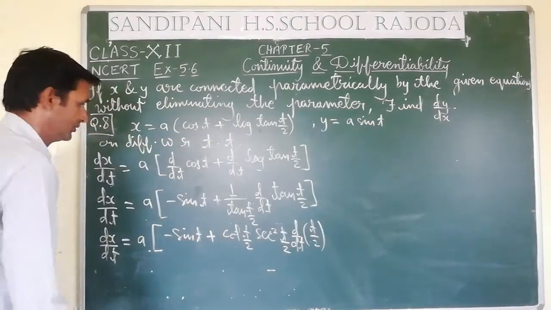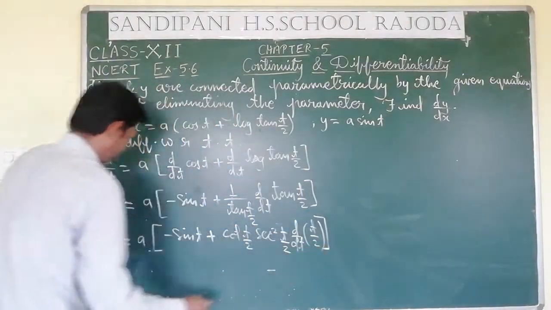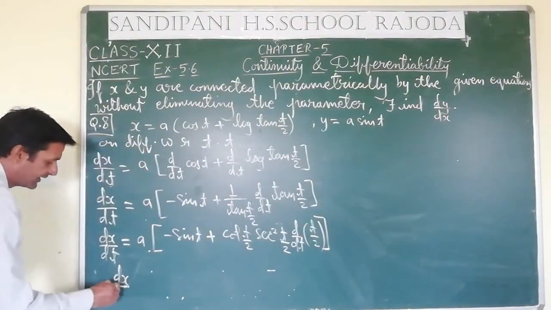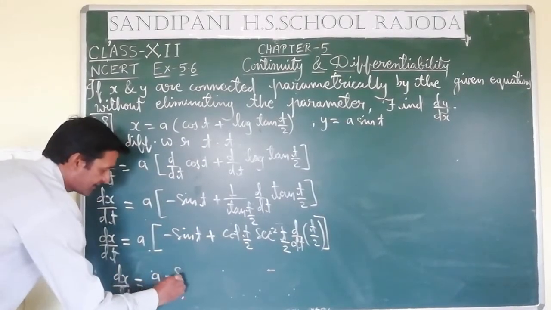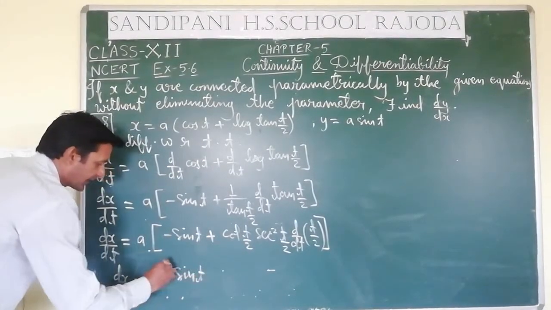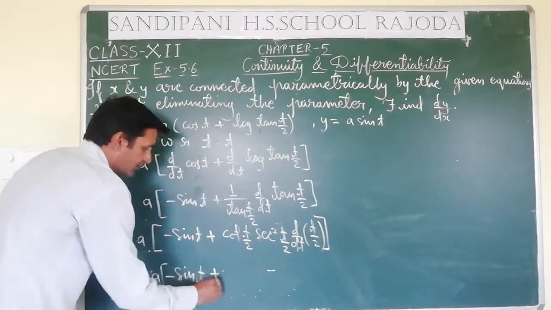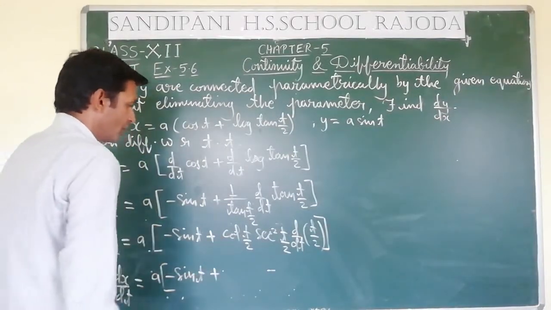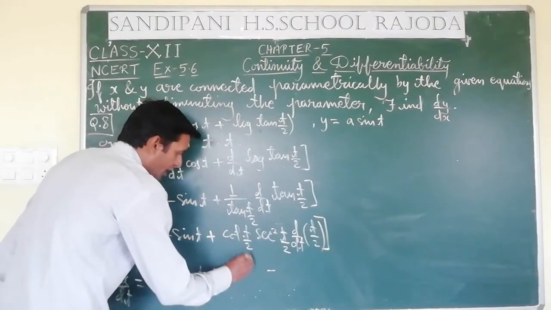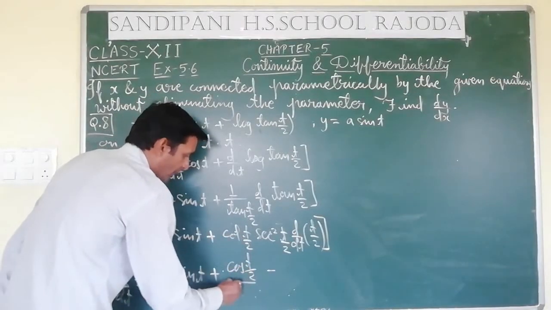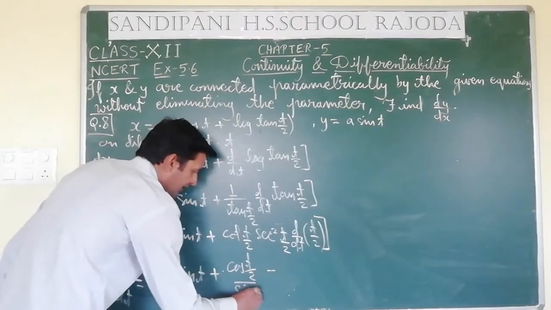So now dx by dt is equal to a in bracket minus sin t plus cot t by 2, we may write cos t by 2 upon sin t by 2 again.